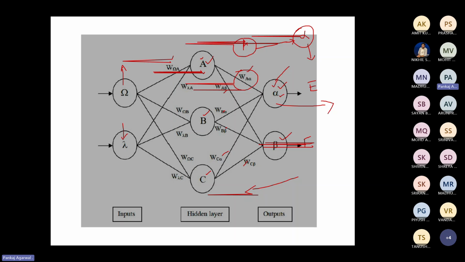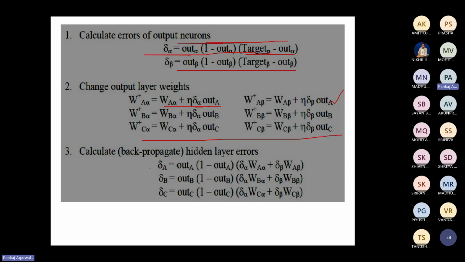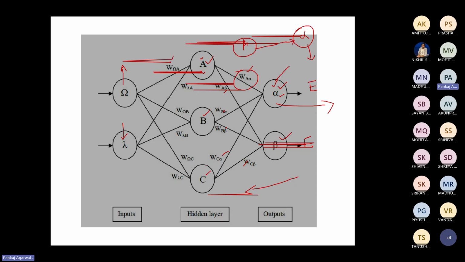So I would now calculate A, B, C. For A, B, C, I have to calculate the error. Now I have started calling it error. Why? Because the error was getting back propagated. We calculated the error at the output gates, and these errors were used to update the weights between the hidden and the output layer. Now they would also affect the output which was calculated previously at A, B, C, right?